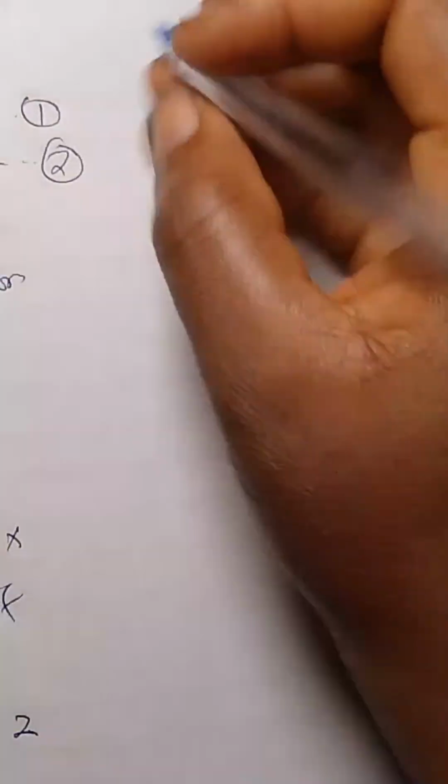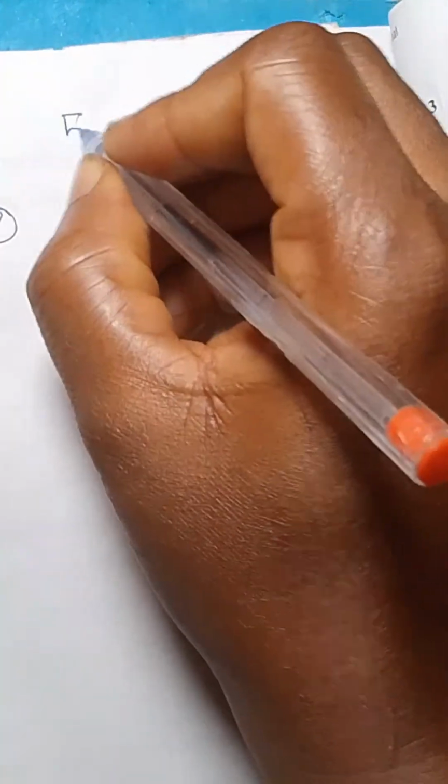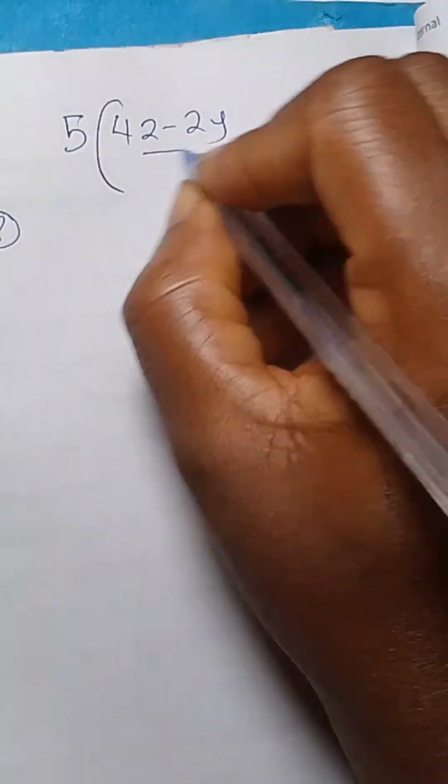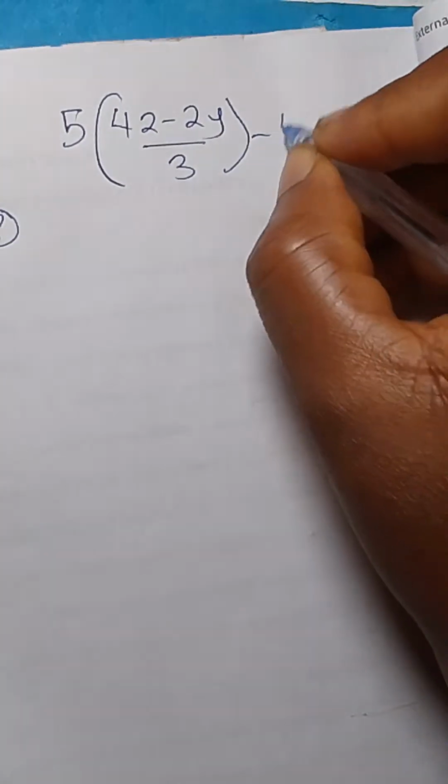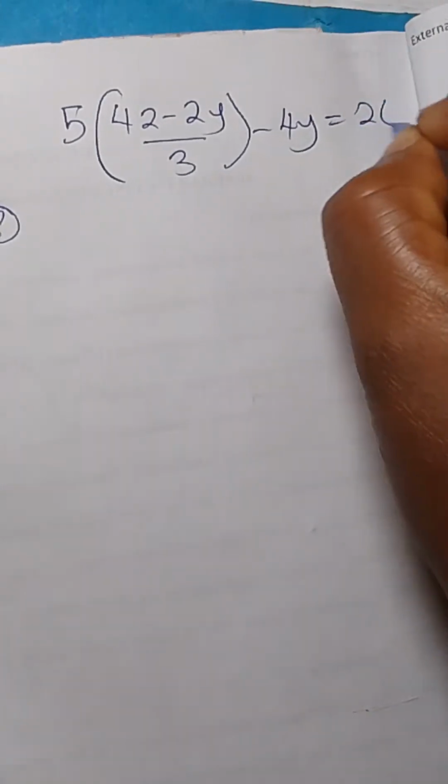If we do that, let me write what we have there. We have 5 bracket 42 minus 2y all over 3, minus 4y equal to 26.